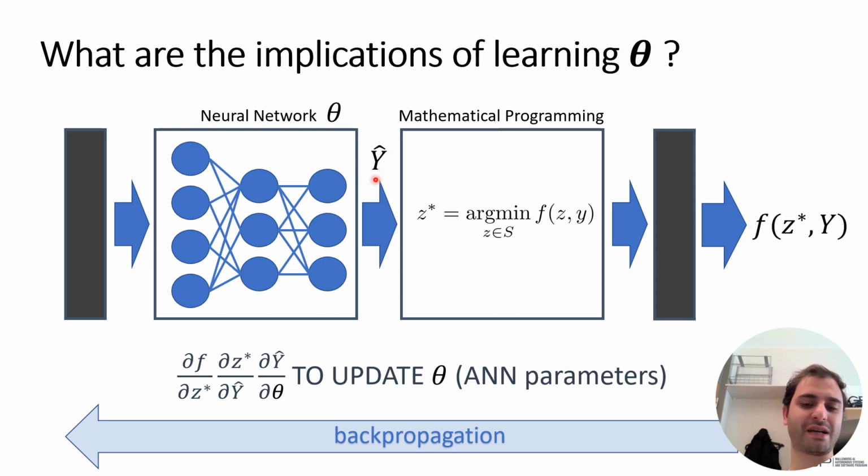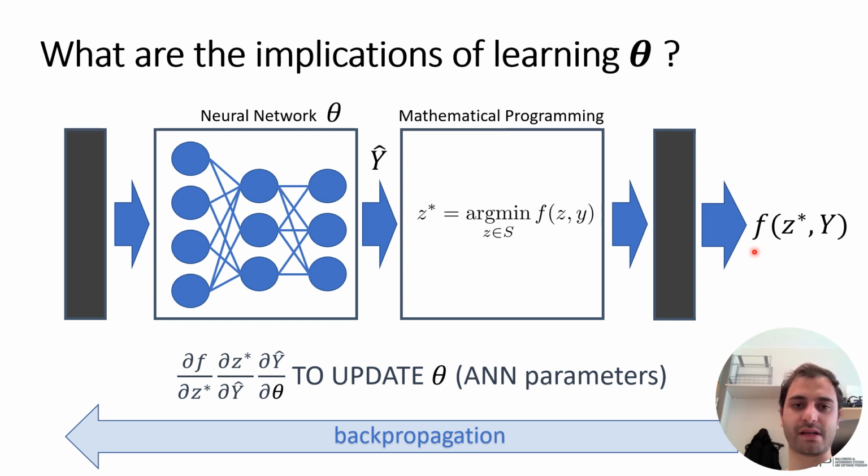So it's like a latent space that you adjust in such a way that you will have optimal decisions in the end, decisions that decrease your downstream objective function, or cost function in this case, because you want to minimize.